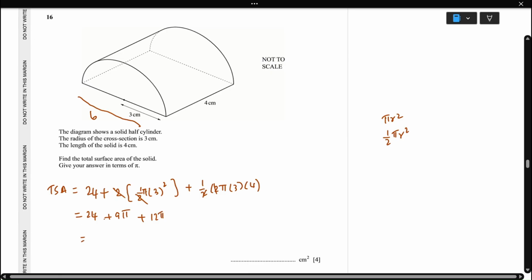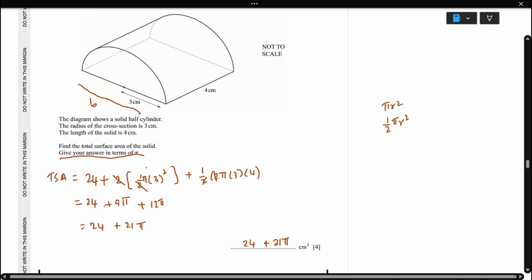So the final answer is going to be 24 plus 12 pi plus 9 pi, which is 21 pi. So 24 plus 21 pi. Here there is no need to expand pi, because they said to give your answer in terms of pi, so we leave the answer with pi.